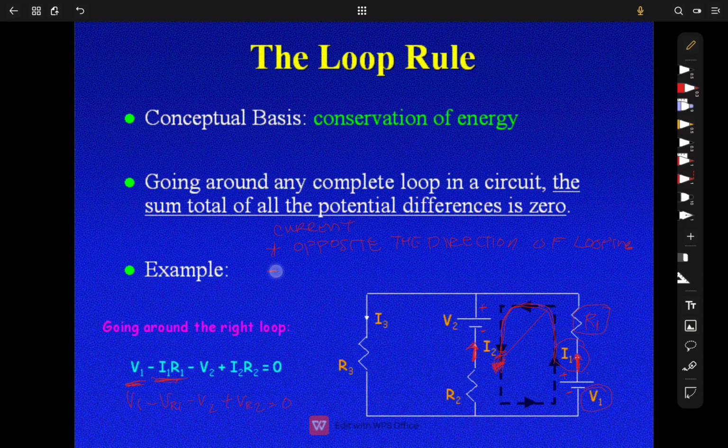And negative naman kapag same way sila of the looping. Ayun yung dapat natin tandaan pagdating sa KVL. Maliwanag? So, ayun nga. So, yung sum daw po ng mga voltages, V1 minus VR1 minus V2 plus VR3 is equal to 0. Ganun po pagdating sa ating loop rule.